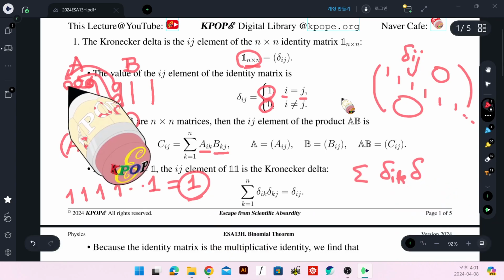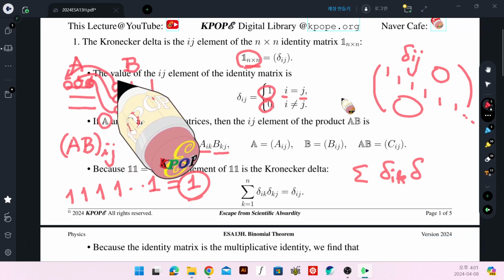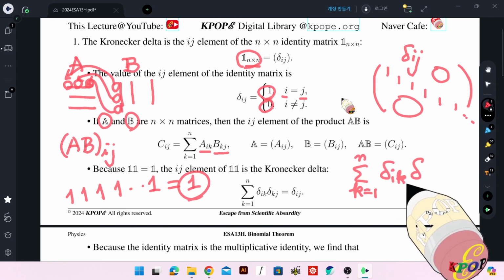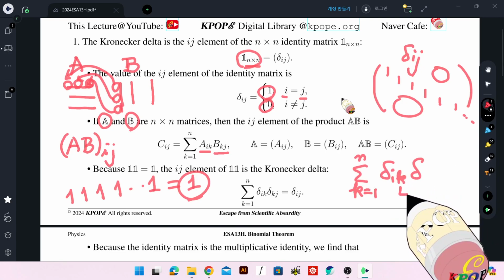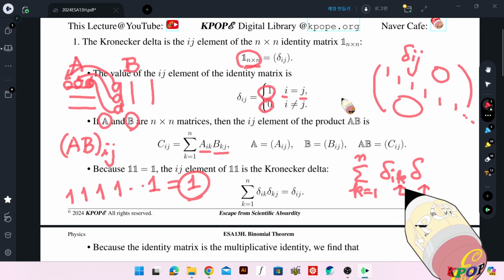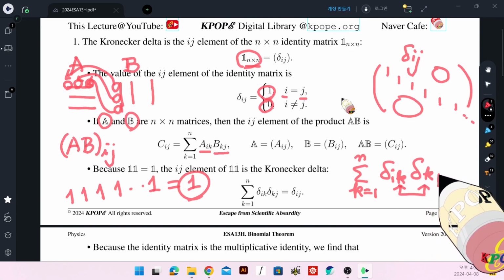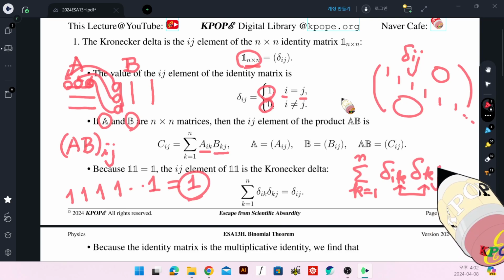That k runs from 1 to n, and I have to let these indices match together. And then j.